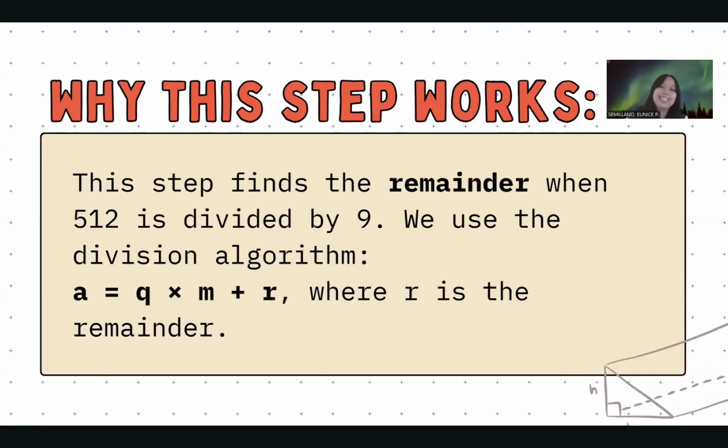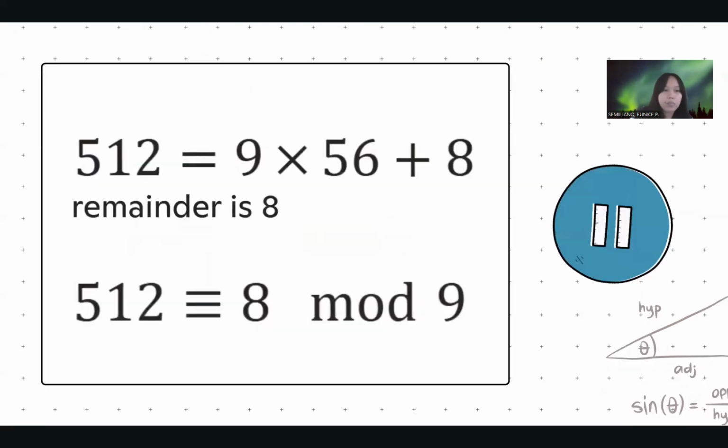So why does this step work? This step finds the remainder when 512 is divided by 9. So we use the division algorithm: A is equal to Q times M plus R, where R is the remainder. So here, 512 is equal to 9 times 56 plus 8.